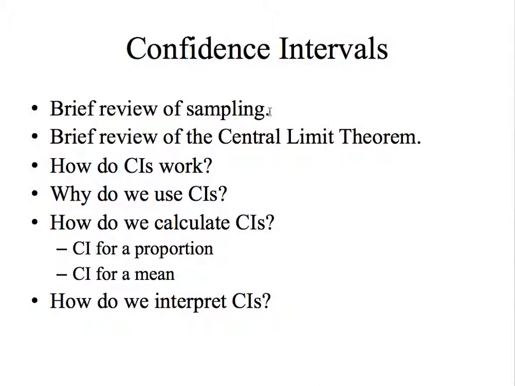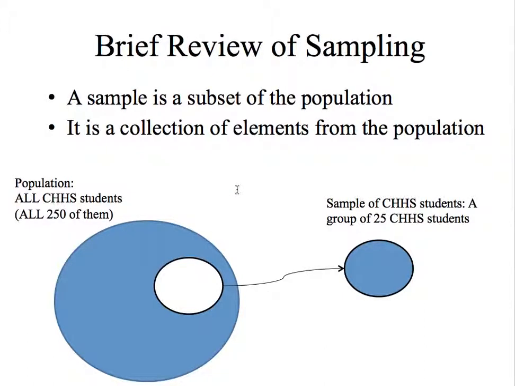Now, on this specific lecture, we will concentrate on these four points. So, just as a reminder of your previous videos on sampling, we know that a sample is a subset of the population. It's a collection of elements from that population.